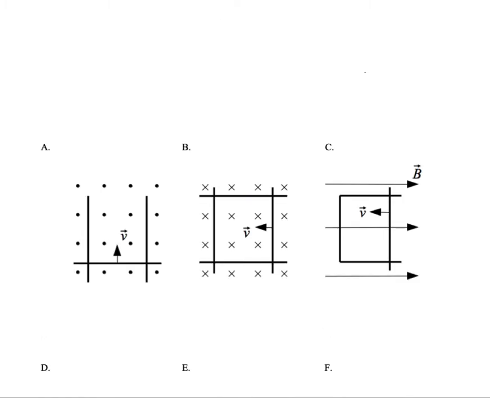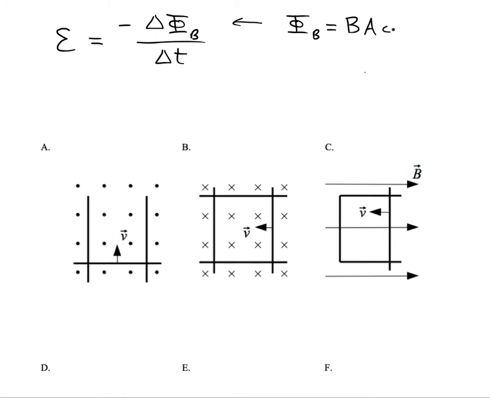We'll see shortly that the formula that governs this situation is epsilon equals negative change in magnetic flux divided by the change in time. Now the magnetic flux, as we saw in the past, was B times A times cosine of theta.